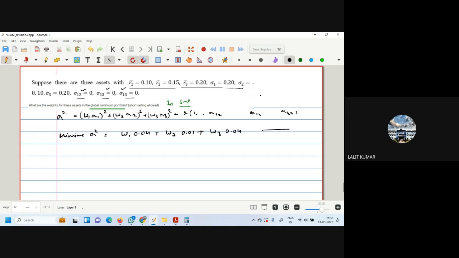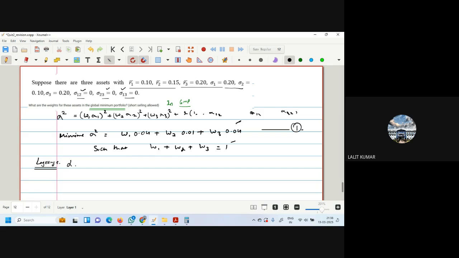We have to minimize this, number one. Second, we know the condition W1 plus W2 plus W3 is equal to 1. So when we have only two equations and three variables, we use Lagrange. We had learned this in our machine learning foundation. So we make the Lagrange.